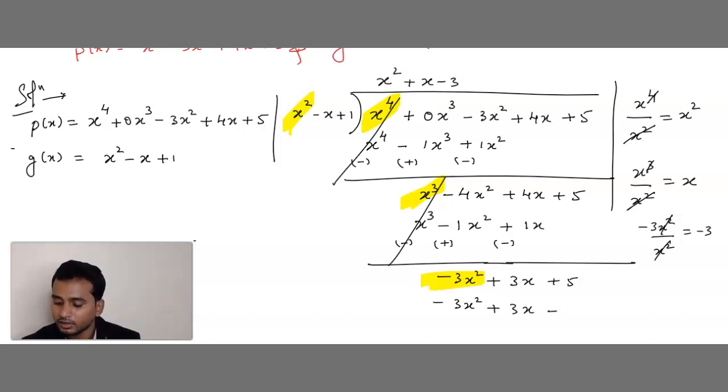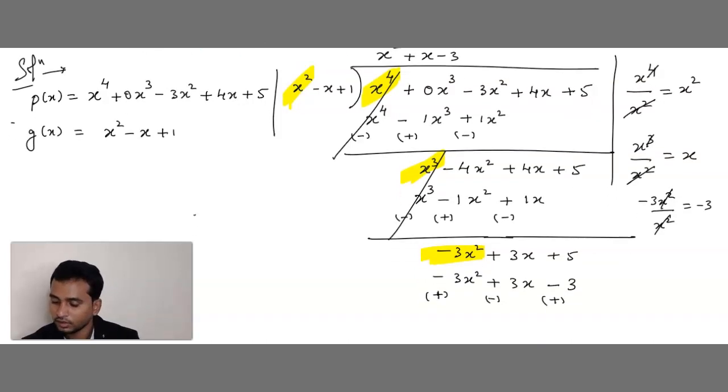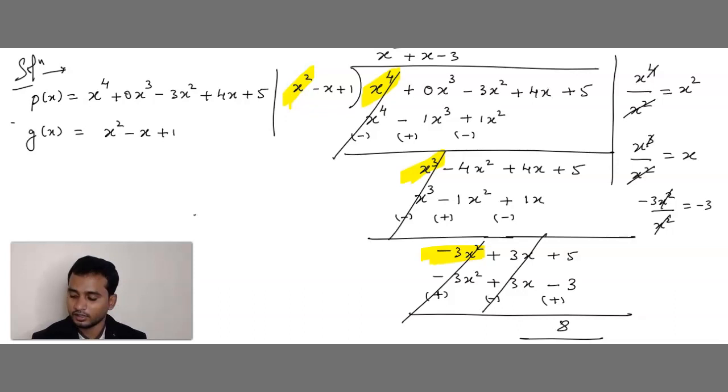Plus into minus, minus 1 3 is a 3. Then this is plus, minus, and this is plus. Is this clear? Now, plus 3x square minus 3x square get cancelled. Plus 3x minus 3x get cancelled. 5 plus 3 is 8.